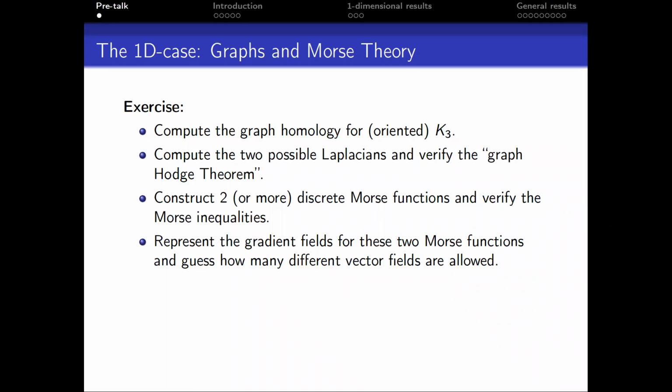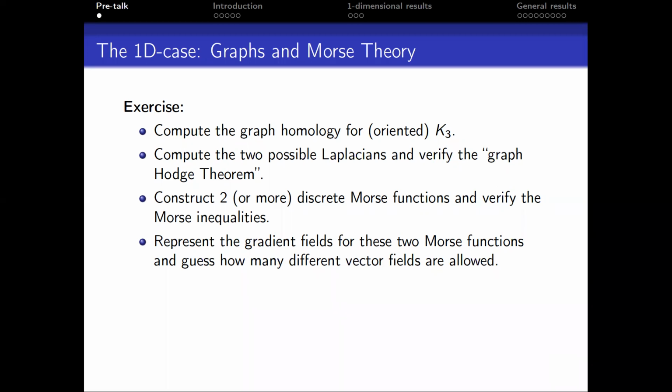If you have seen that before, a Morse function is something that looks like the height function. So you just put, for example, a torus vertically, and the idea is that you want isolated critical points. So you don't want things that look like the roof of a house. You want the critical points to be well behaved.